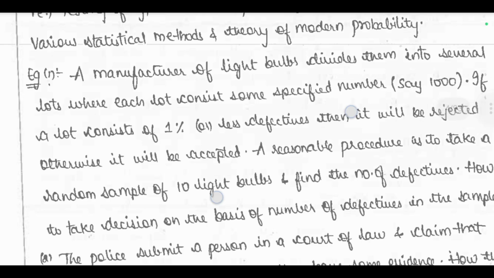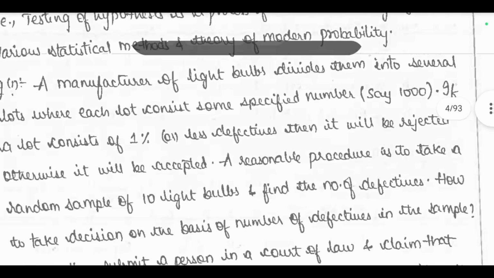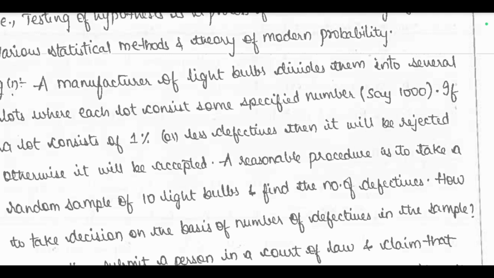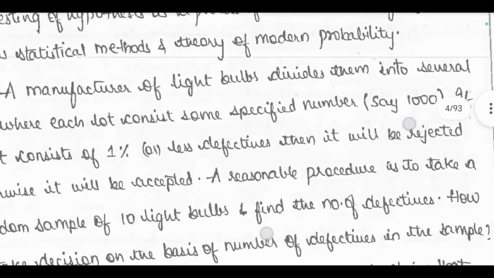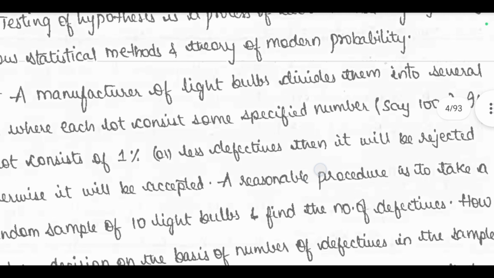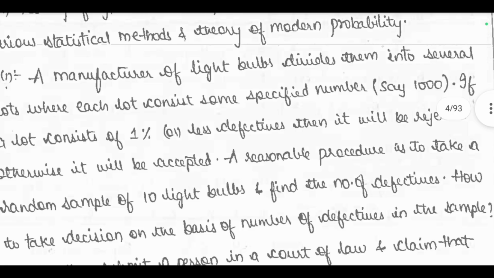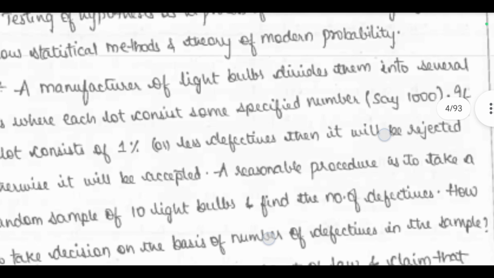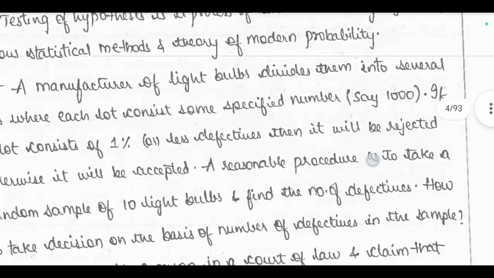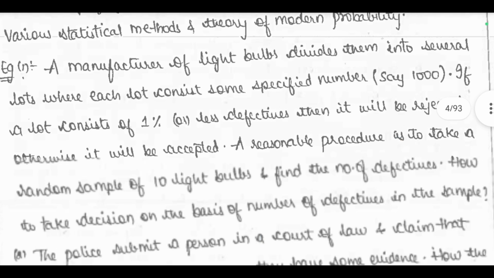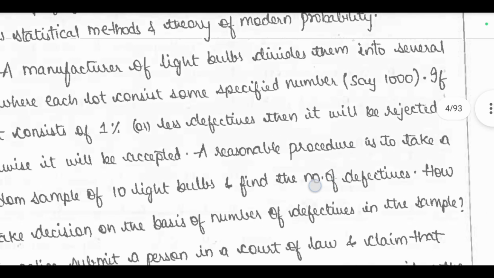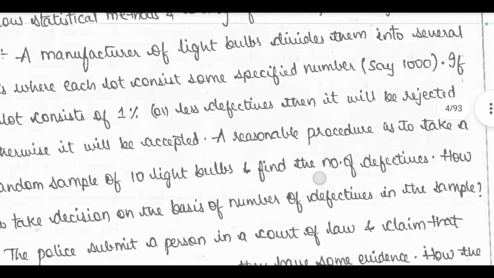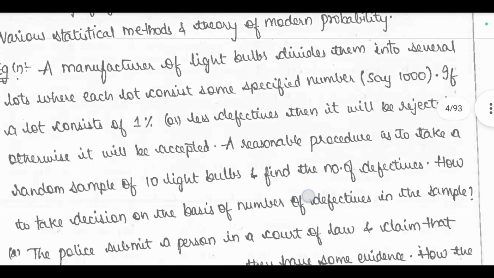Let's see one example, and we can conclude how we are going to use the testing of hypothesis in general. A manufacturer of light bulbs divides them into several lots where each lot consists of some specified number, say 1000. If a lot consists of 1% or less defectives, then it will be rejected, otherwise it will be accepted.